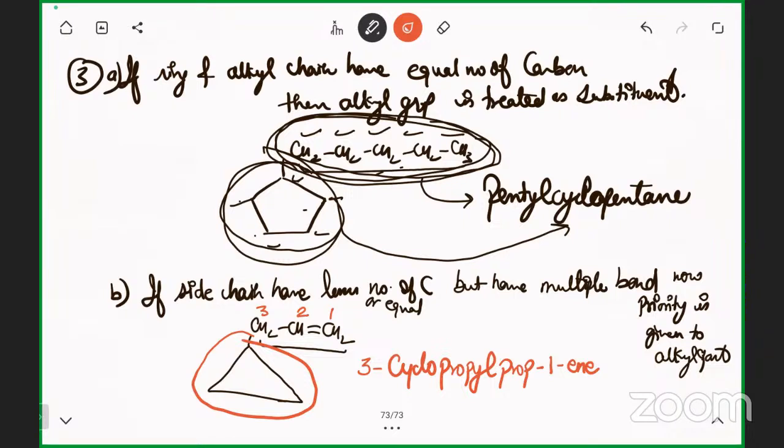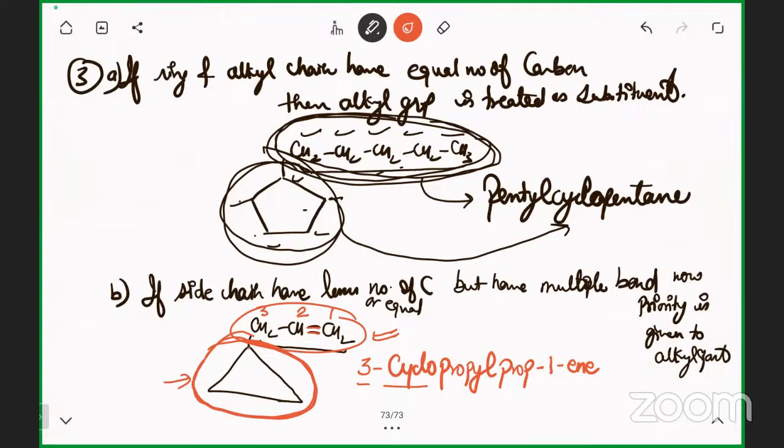So in this particular chain we have 3 carbons, and in this cyclic compound we have 3 carbons. But just because this alkyl part had a double bond, I gave priority to the double bond. So I named this ring portion first. On the third position it was a cyclic compound, so I write 3 cyclo.